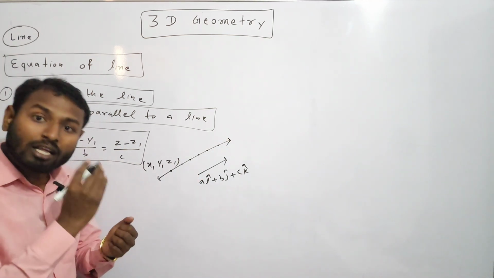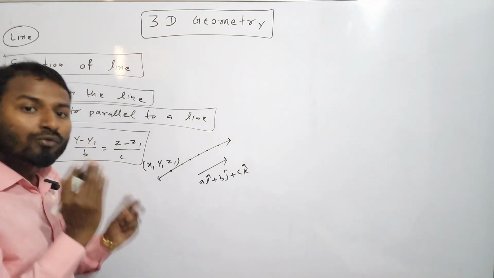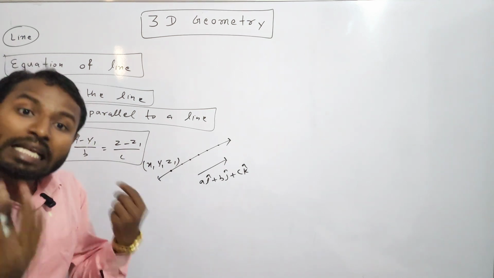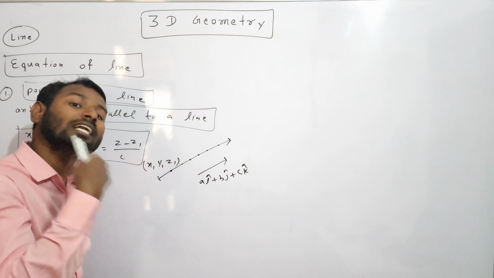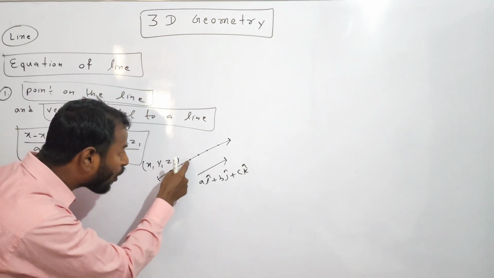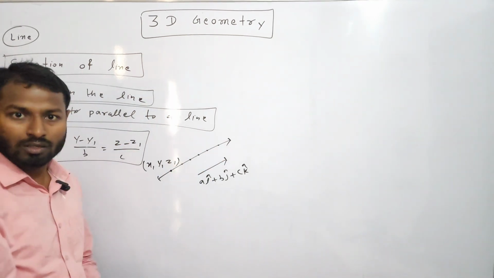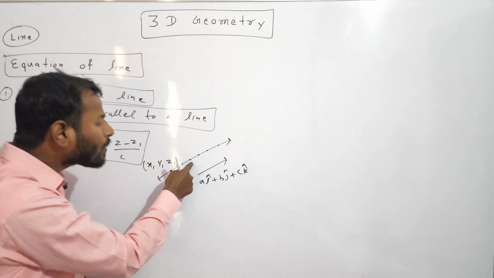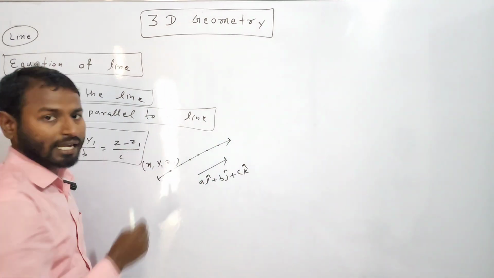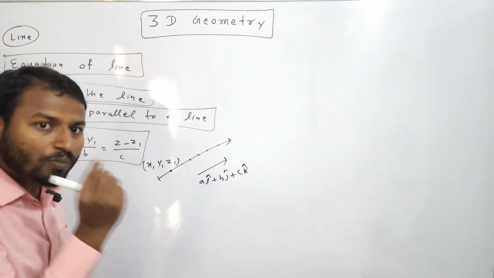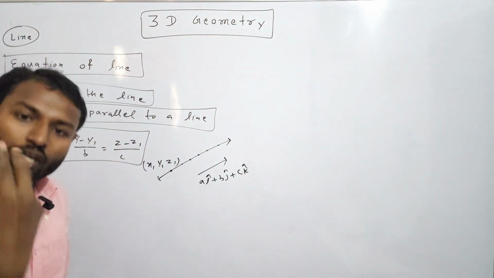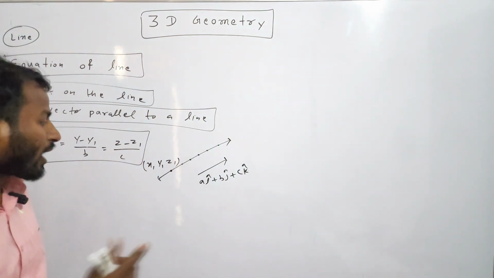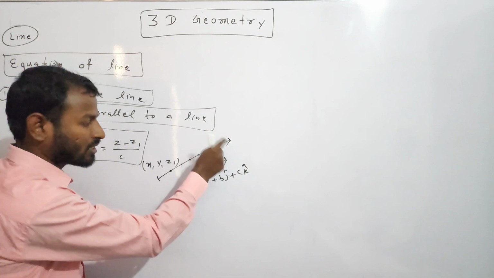So we have to find equation of line. That means we have to establish a relation between x coordinate, y coordinate and z coordinate of all these points. There must be a common relation between x, y and z coordinates which satisfies all these points.